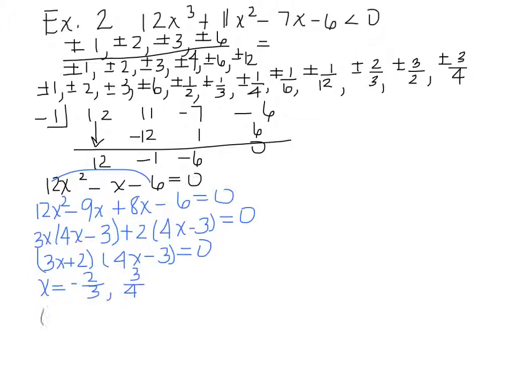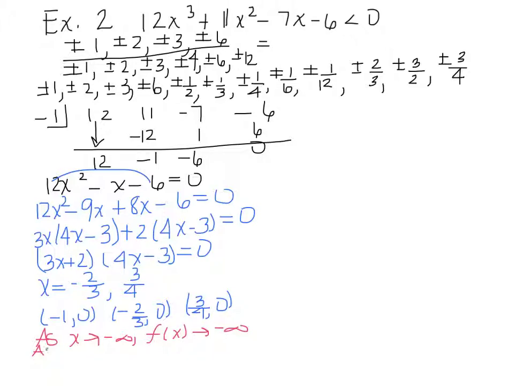So my zeros are -1, 0, -2/3, 0, and 3/4, 0. Since this is a positive odd, my end behavior is as x approaches negative infinity, f of x approaches negative infinity. As x approaches positive infinity, f of x approaches positive infinity.